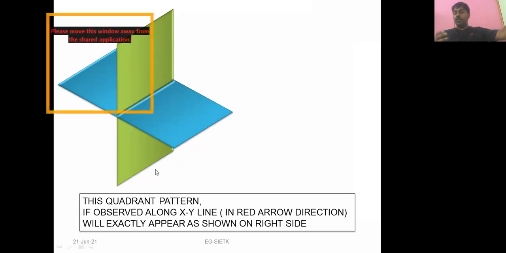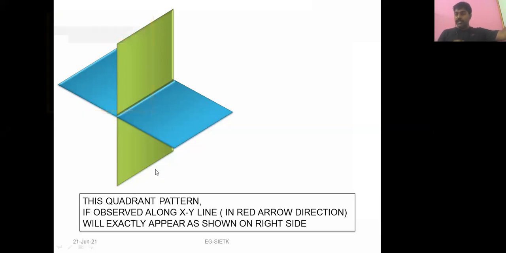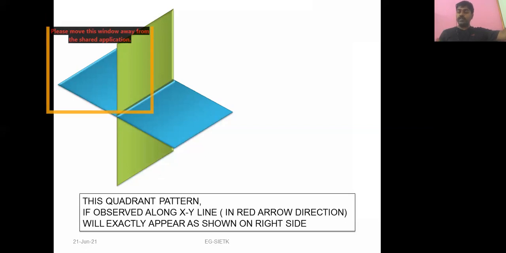Please remember, you might have already studied this in trigonometry, where we discussed ASTC, all silver teacups: all things are positive in the first quadrant, sine will be positive in the second quadrant, tangent will be positive in the third quadrant, where T stands for tangent, and cosine will be positive in the fourth quadrant.